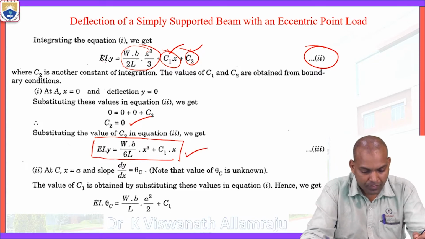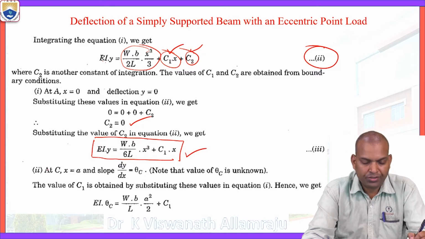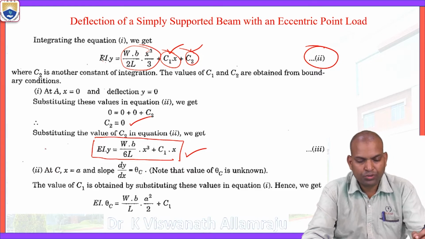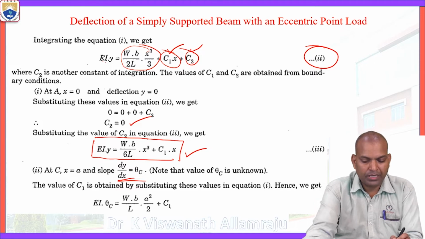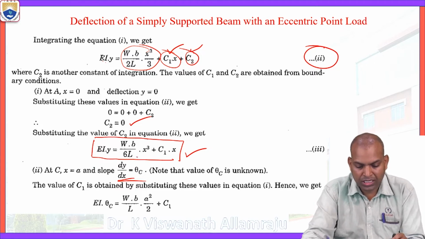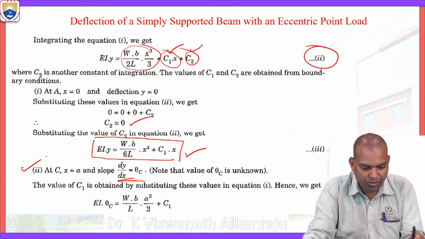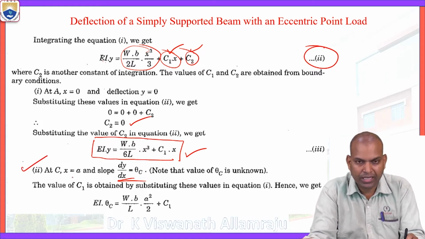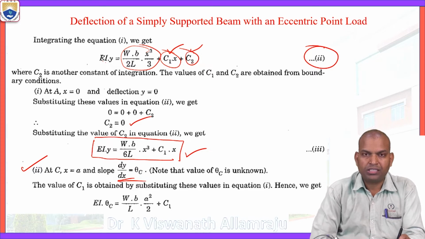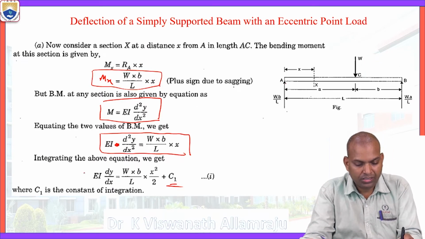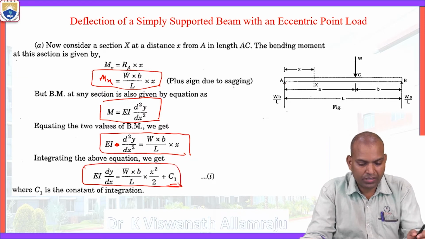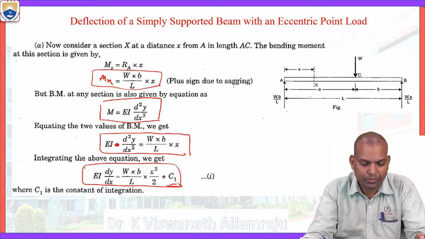Now at point C we have x equal to a and the slope dy by dx, that is theta c. The value of C1 is obtained by substituting these values in equation 1. This is equation 1: EI times dy by dx equal to Wb by L times x square by 2 plus C1.